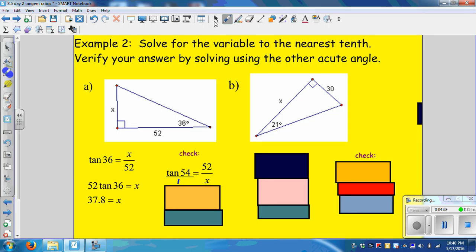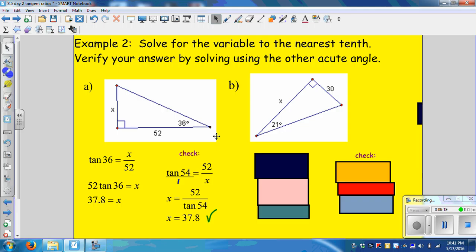So you would have x times tan 54 equals 1 times 52. And then you would divide both sides by tan 54. Using your calculator, you also get 37.8. So that verifies either way that the x value is 37.8.